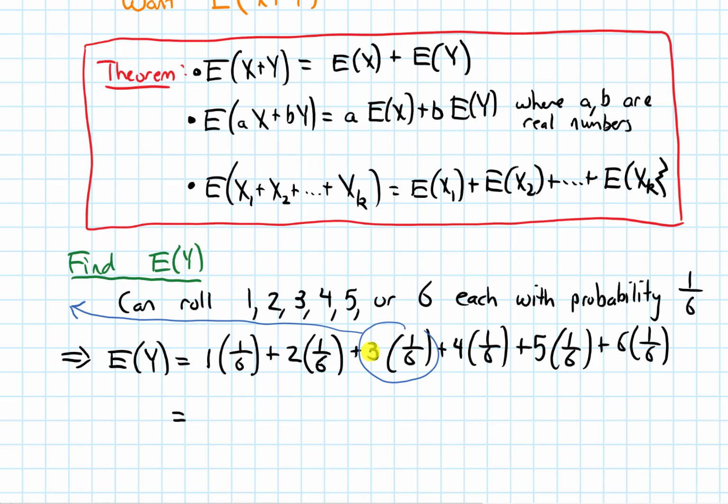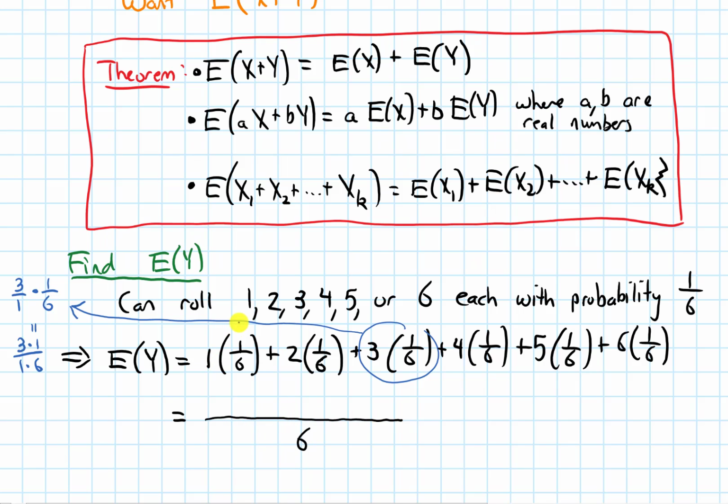Recall, if I do something like 3 times 1/6, I can rewrite the 3 as 3 over 1. So 3 over 1 times 1 over 6. Now I multiply the numerators together, 3 times 1, and I multiply the denominators together, 1 times 6. So the denominator of every single one of these fractions is going to be 6, and I can add them all together. The whole denominator will be 6.